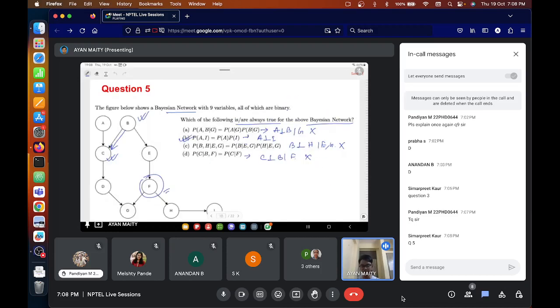Question 5 is actually a difficult question. I already discussed it, and the video would be uploaded on YouTube after this session, so you can check it from there. If you have not gone through the lecture notes, you have to understand the 3 d-separation rules. For that you have to go back and see the video lectures again.